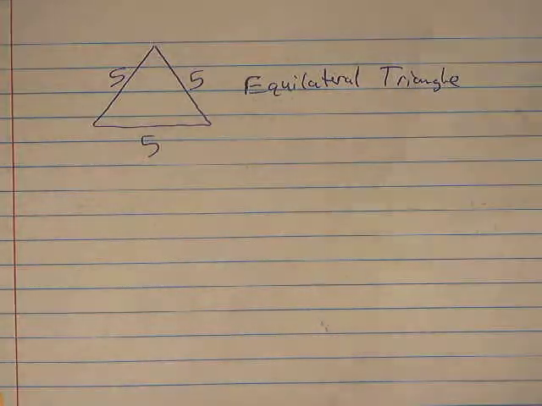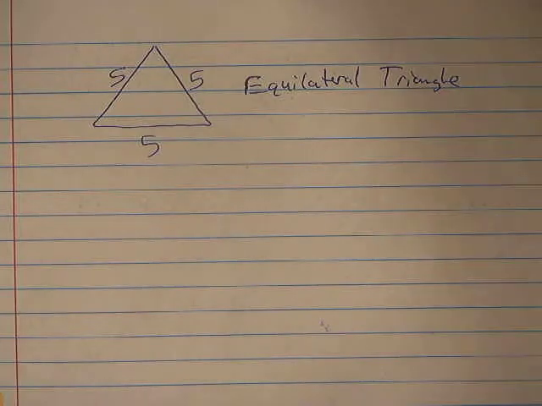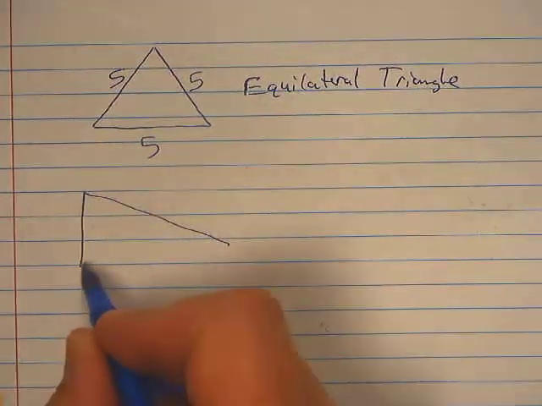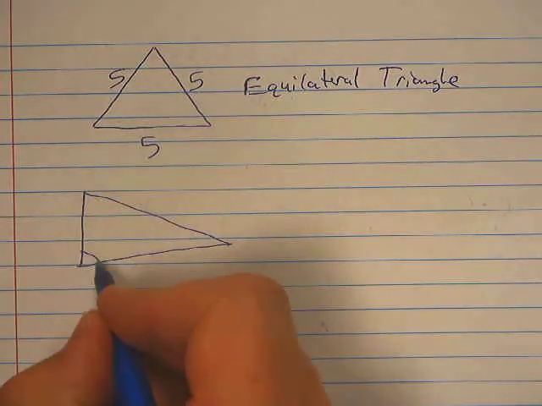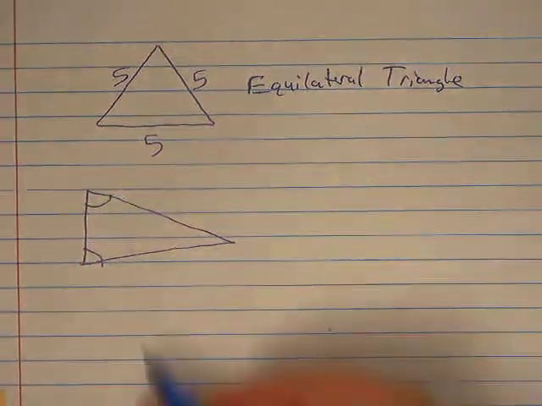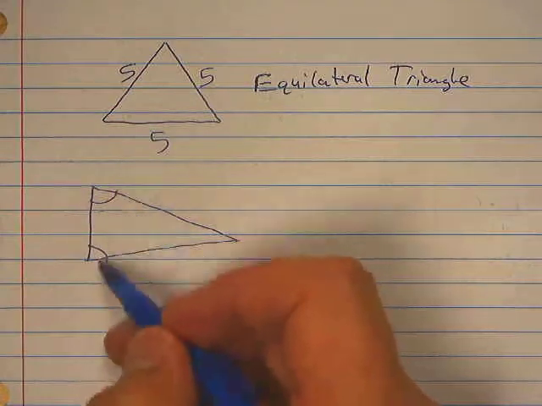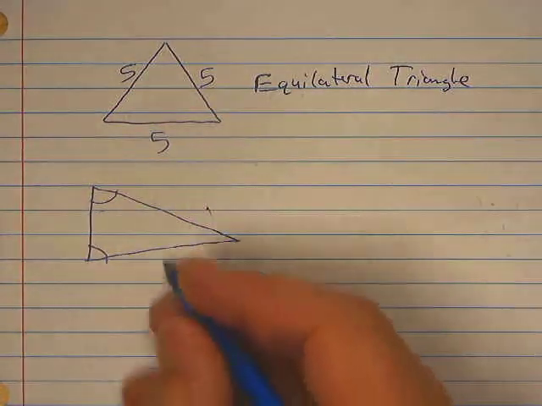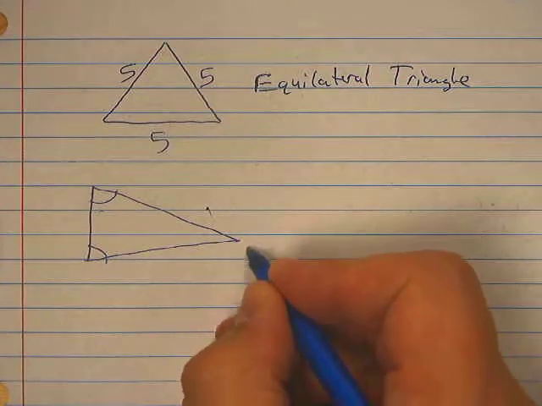If I have something like an isosceles triangle, though, something like, let's say this. If the base angles are congruent, these sides are going to be congruent.